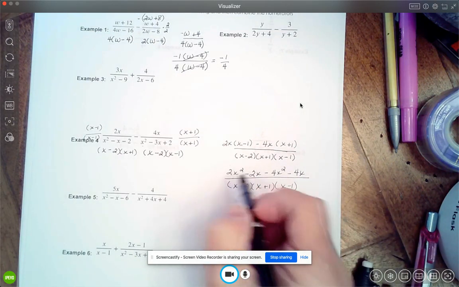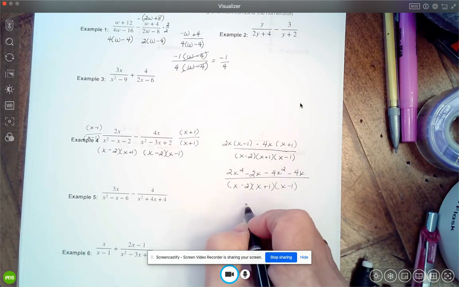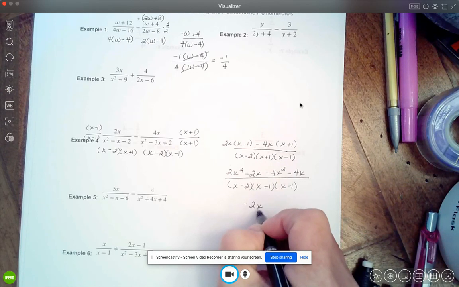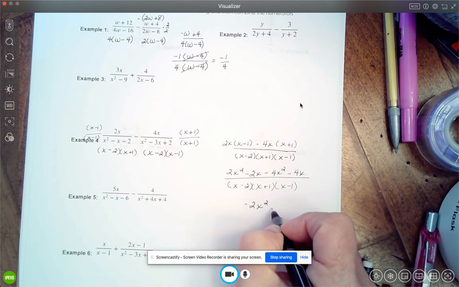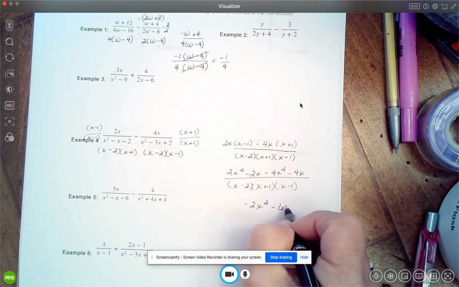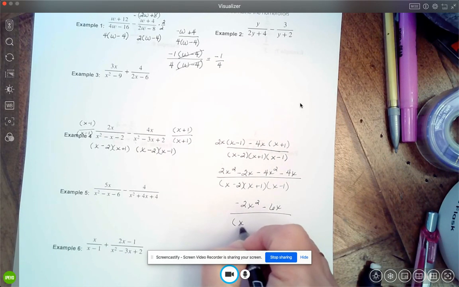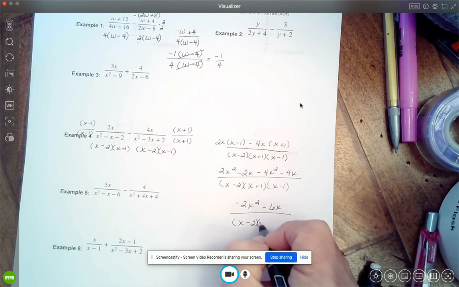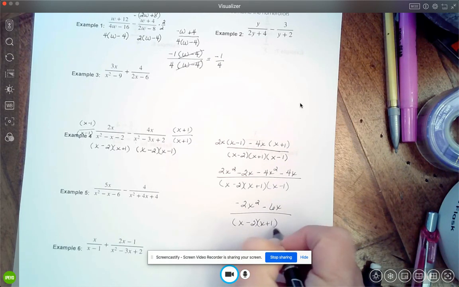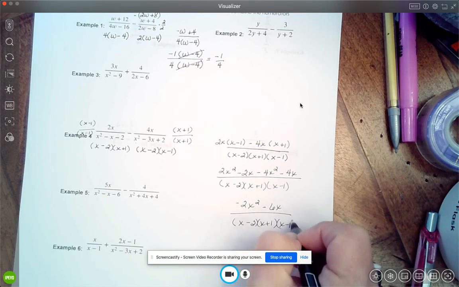When I combine like terms in the numerator, I have negative 2x squared minus 6x over x minus 2, x plus 1, x minus 1.